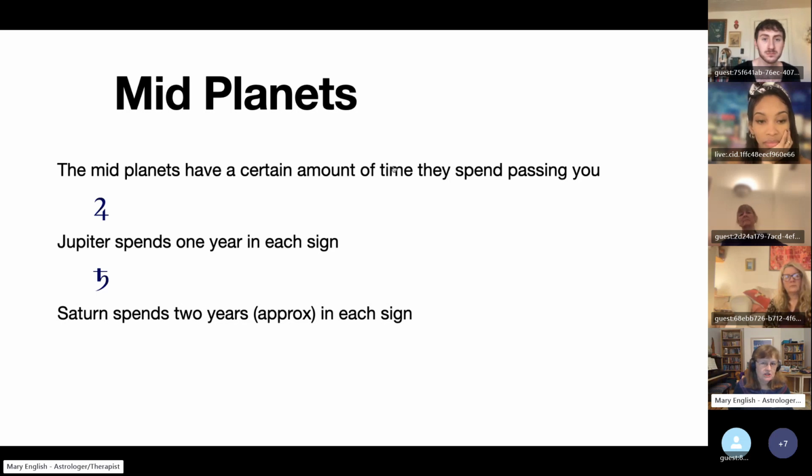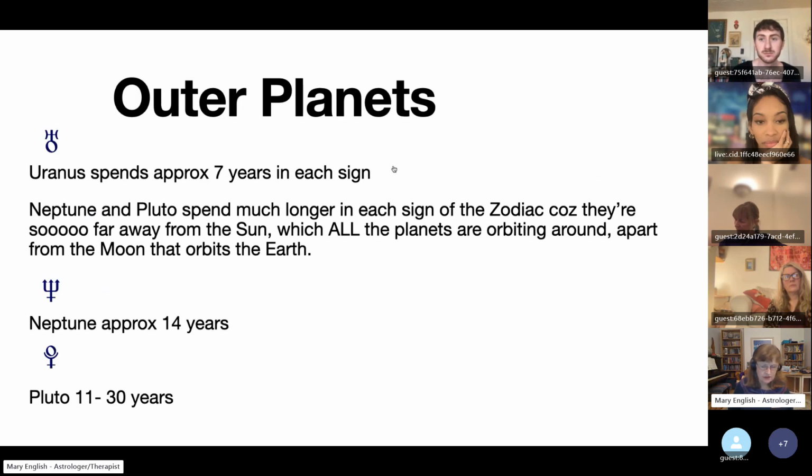So if you reach the age of 27, Saturn should have returned to the sign it was in when you were born. It takes approximately between 27 and 30 years to go all the way around the zodiac. So once you get past the age of 30, you will definitely have had your Saturn return. But we're not doing Saturn return today.